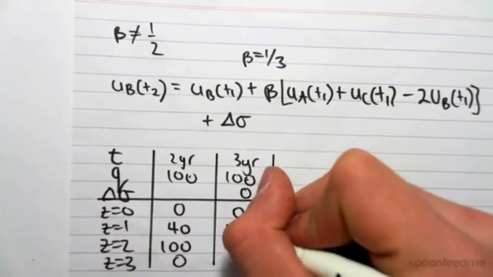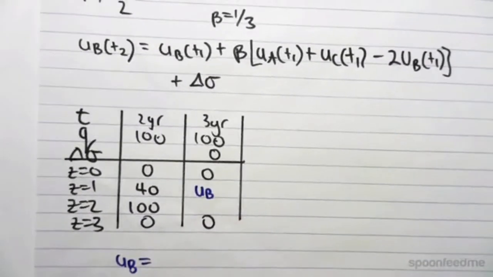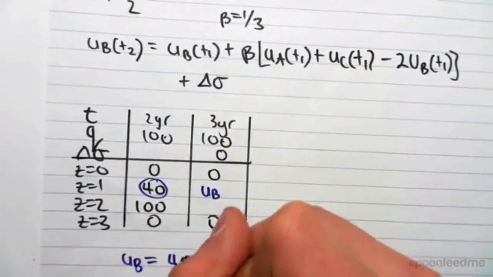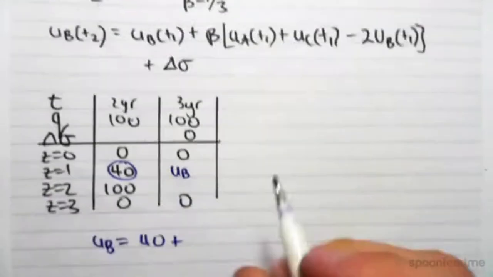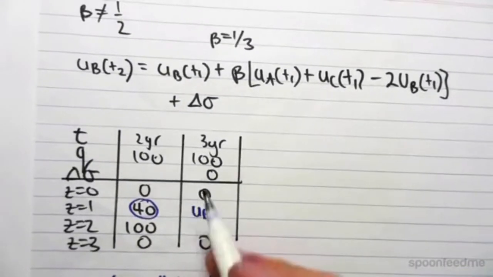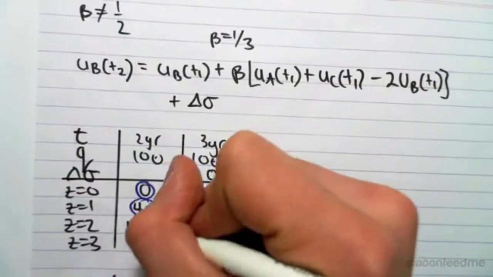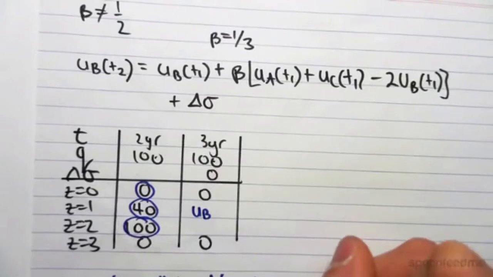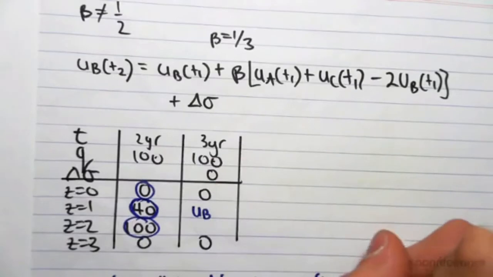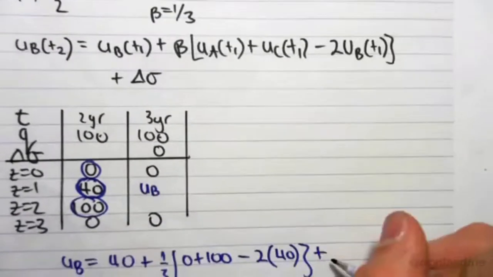But if I wanted to find UB, so UB would equal the UB of time 1, which is this value, so 40, plus my beta, which I've defined as a third, outside of UA of time 1, so that's that value, plus UC of time 1, so that's that value, minus 2 lots of UB of time 1, so that's back to that value, so minus 2 lots of 40, and this is all plus the change in stress, and the change in stress is 0.